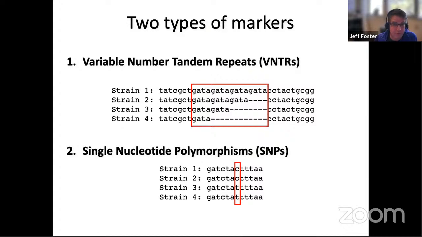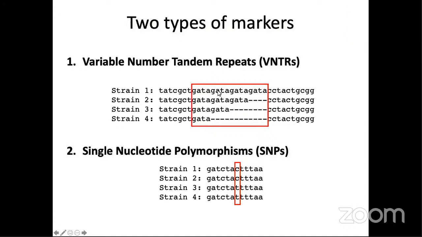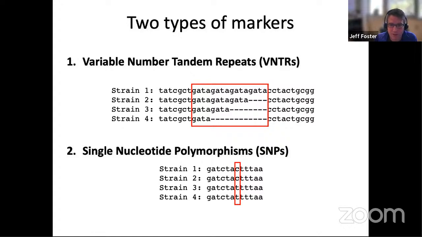And so these repeat differences happen fairly frequently. And so we compare different strains based on not just one locus or one region of the genome, but we look at many parts of the genome that have different repeats. They won't have this exact range of different repeats, but we look across the genome to see which strain is most closely related. And so at a particular locus, 2 related strains will share the same number of repeats pretty commonly.